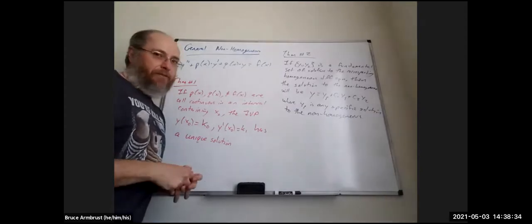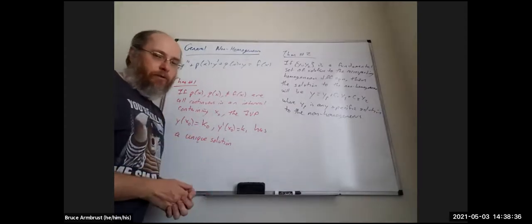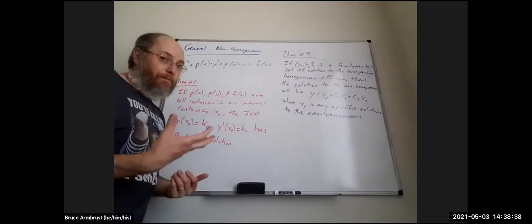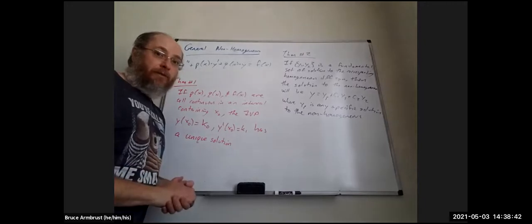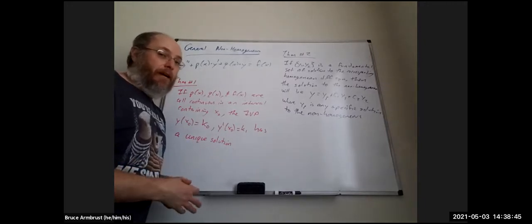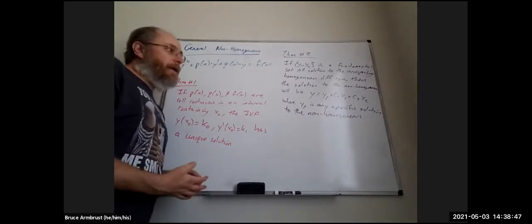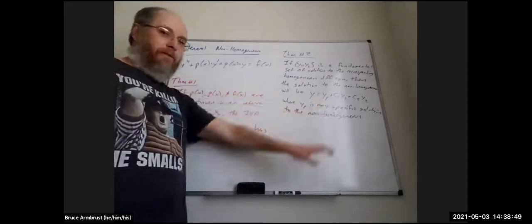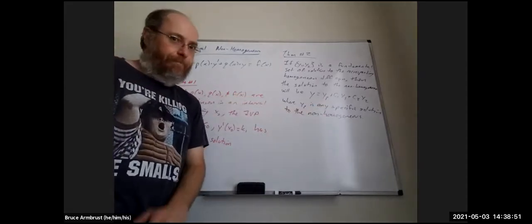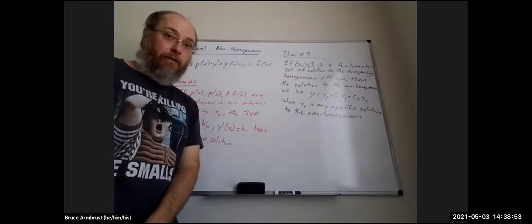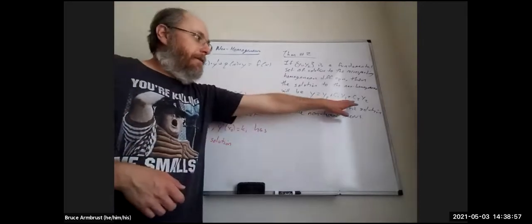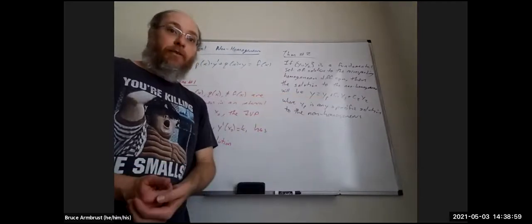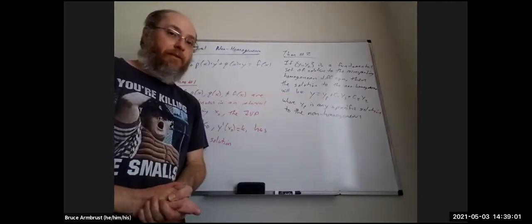Okay, so that's definitely true. But now the question is, okay, so what? Who cares? Well, this is going to let us find solutions to the differential equation when they're non-homogeneous. All we have to do is find one solution, any one, it doesn't matter. Then we can add that to the linear combination of those from the homogeneous.